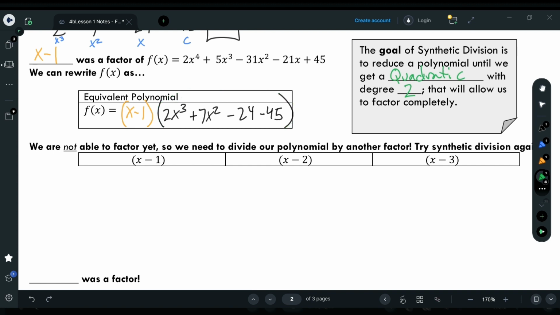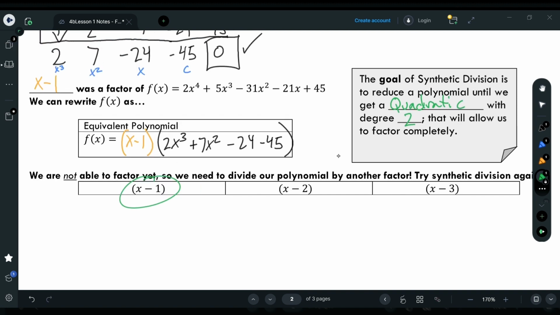Synthetic division, let's see. Is x minus 1 a factor? And it was already a factor once. It's possible it's a factor again of this guy. We won't know until we try it. Let's see.